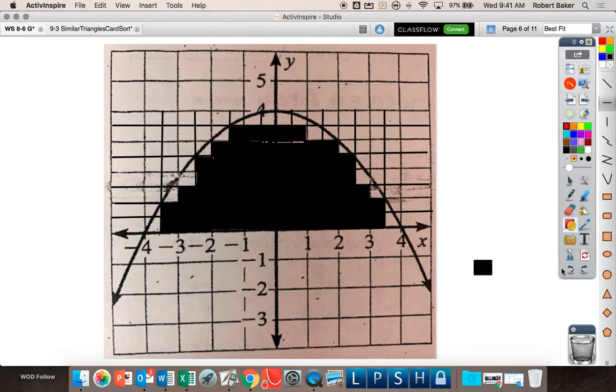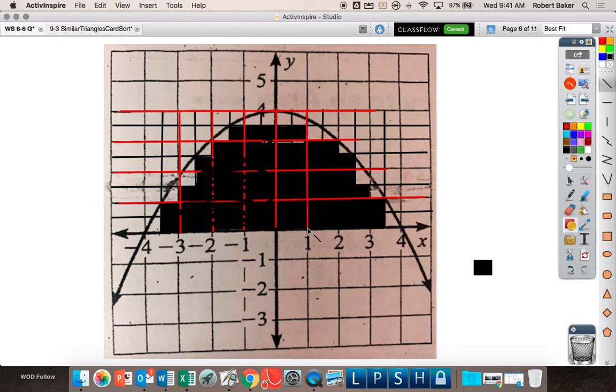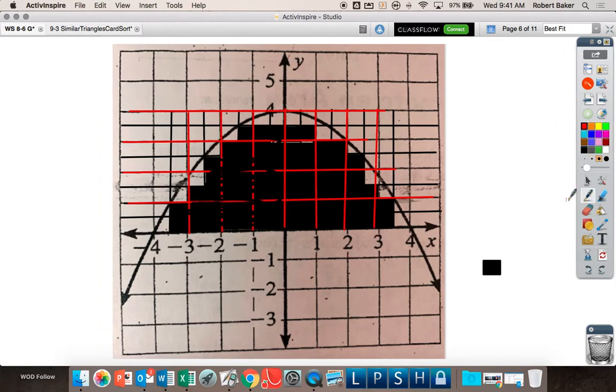Actually, can you use that line thing? So I'm just going to count this side, and I'm going to double my estimate. Does that make sense? Because they should be perfect.